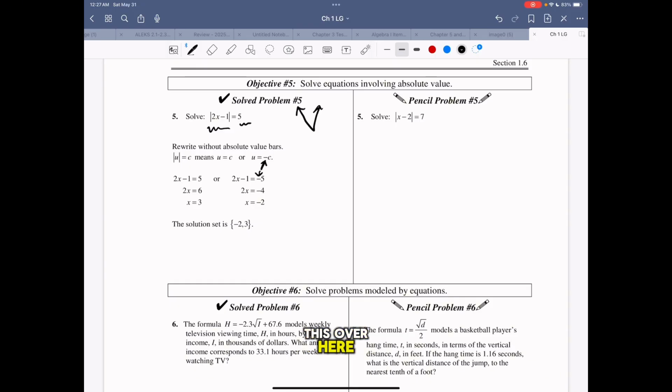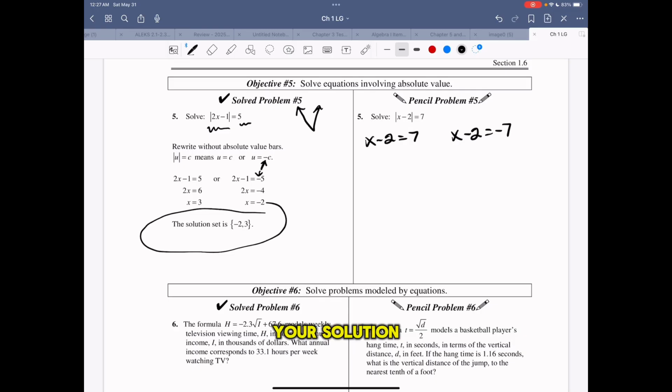So if I do this over here, it'll be x minus 2 equals 7, and then x minus 2 equals -7. And I think you can solve from there. And then that's how you end up with your solution set.